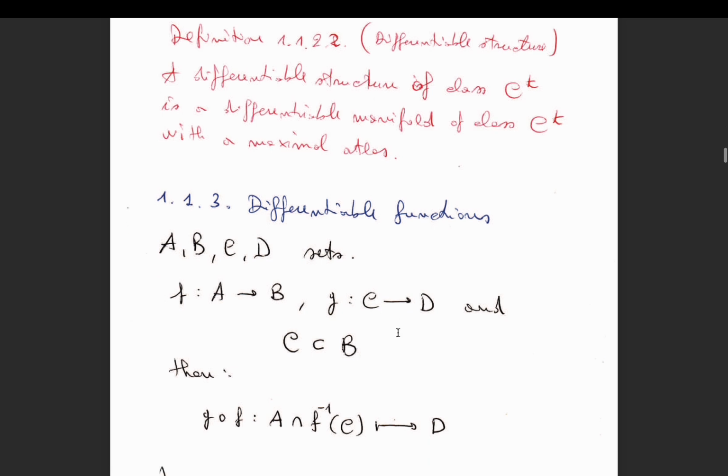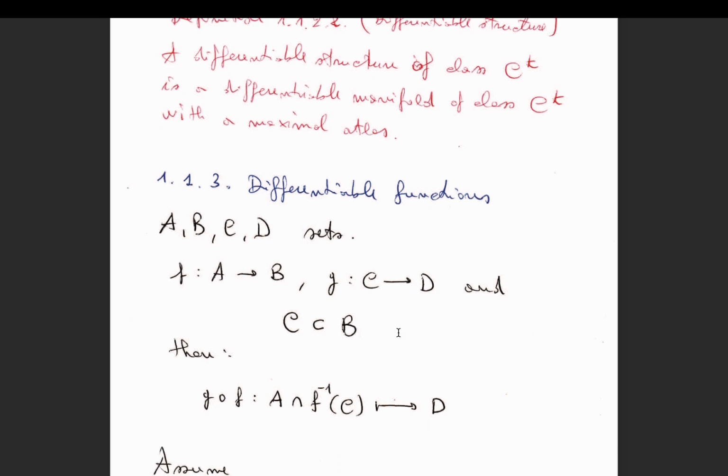One of the next things one can do is to consider differentiable functions between differentiable manifolds. But first of all, we have to have a clue of what a composition is.